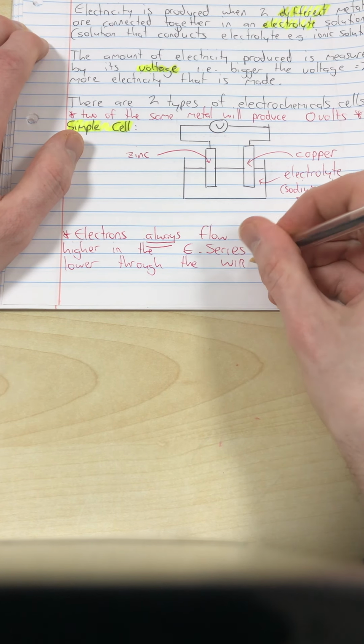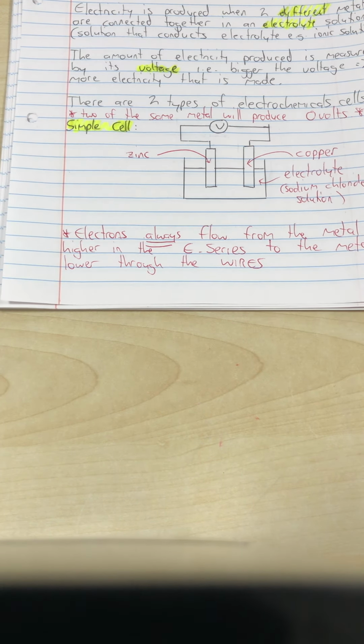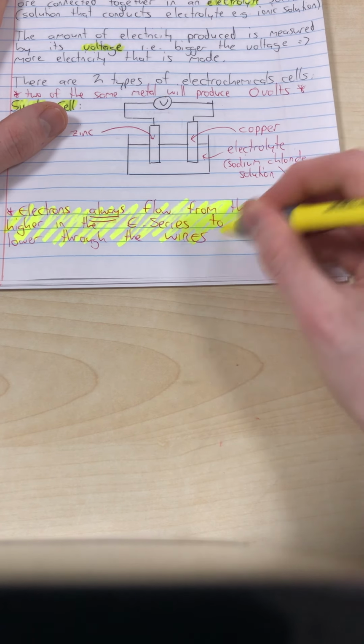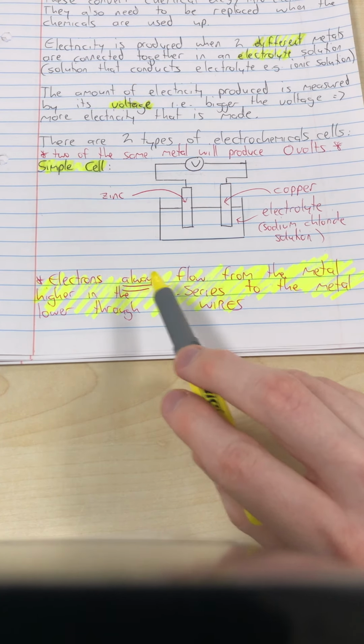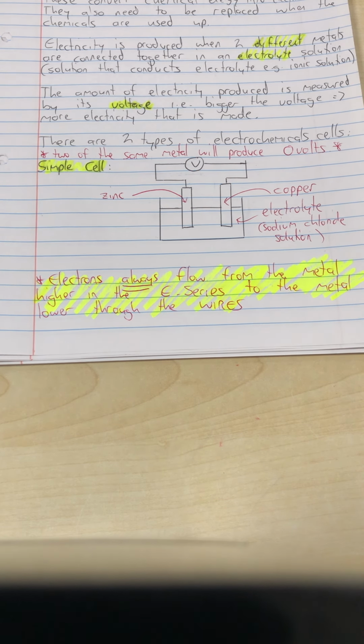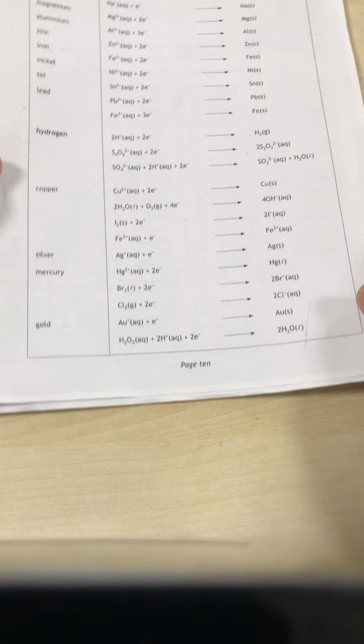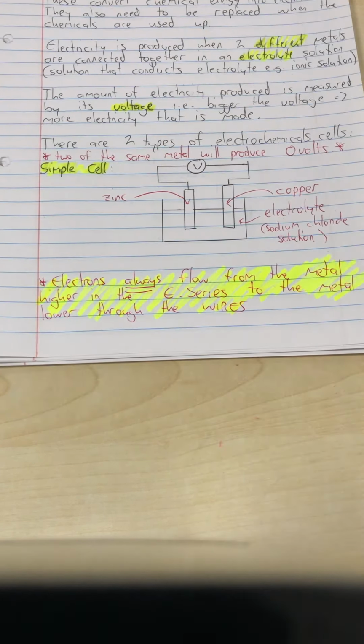Okay, now I'm going to highlight this because this whole section here is very important. So electrons always flow from the metal higher in the electrochemical series to the metal that's lower. Now, if we look at this, zinc is higher than copper. So what happens?